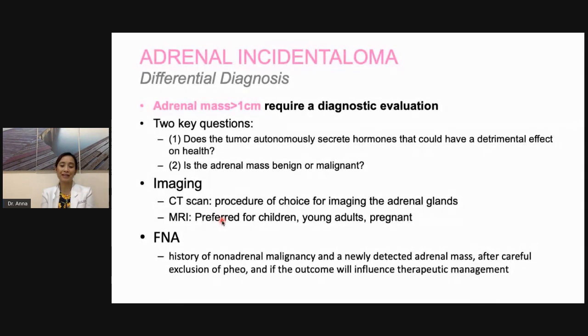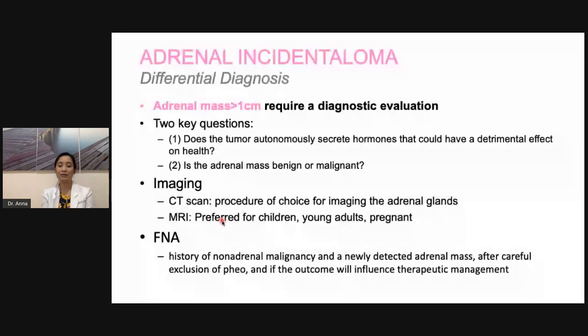So, fine needle aspiration biopsy may be indicated in patients with history of a non-adrenal malignancy. Let's say your patient has a breast mass, no? A breast mass, and then they find a newly detected adrenal mass. Then you can consider doing a fine needle aspiration biopsy to check if this is a metastasis already.